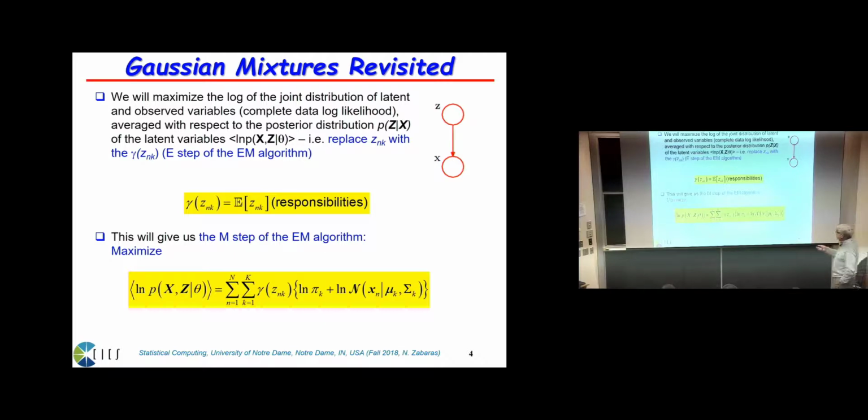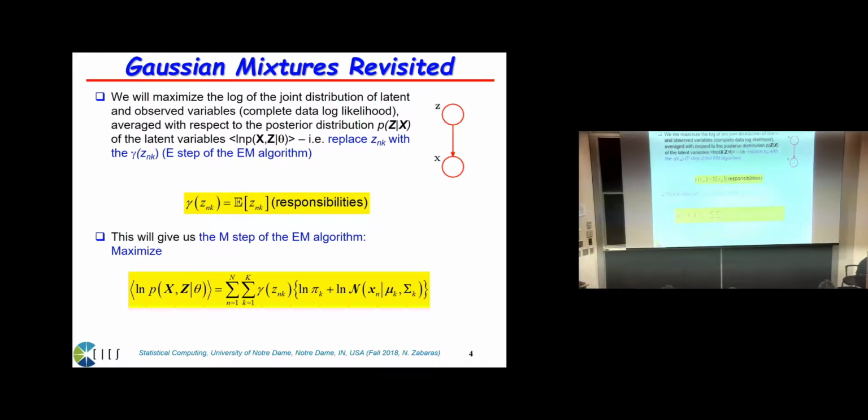Because the variables are binary, those posterior probabilities are the same as the expectation of z_nk, and we call those the responsibilities. So gamma(z_nk) is the responsibility that mixture component k takes for explaining point n.